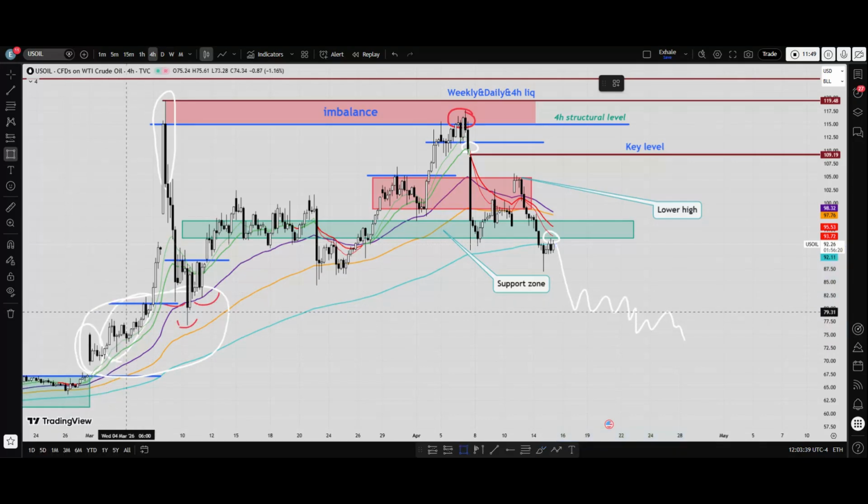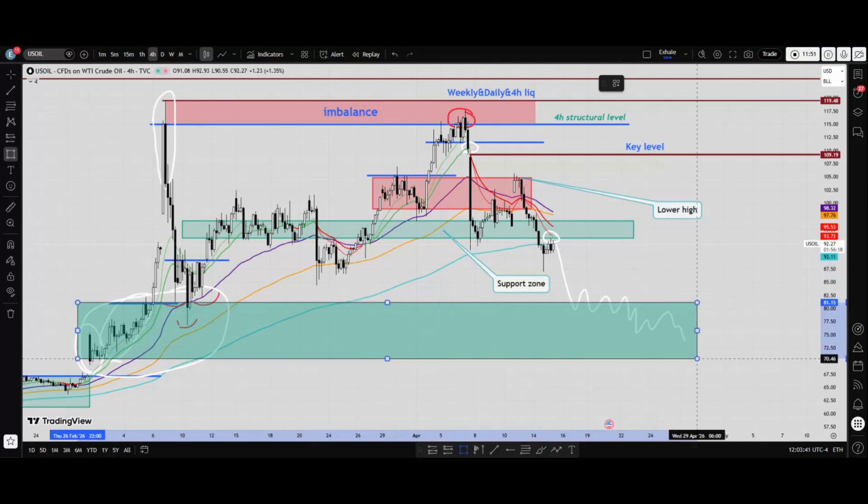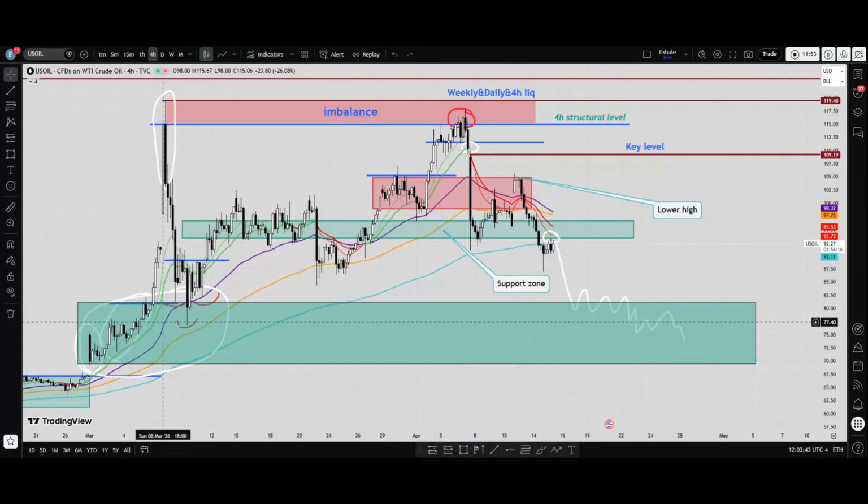So let me show it to you as visuals. This area here should be your next support. This is the sloping upwards consolidation. So if we keep rejecting the green box, which is the current support zone, as you see here with the text I have on the screen, that means we're going to go to the previous sloping upwards consolidation.